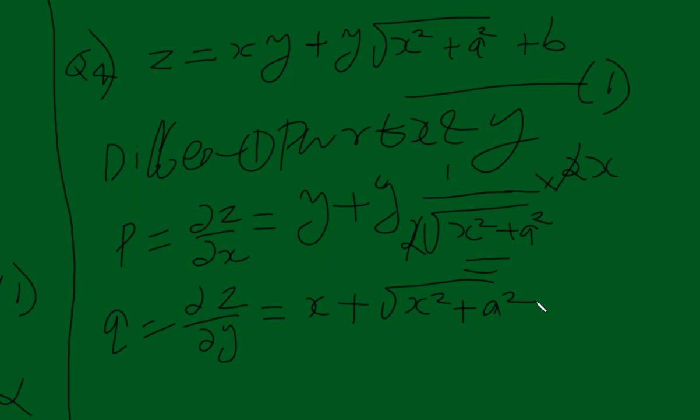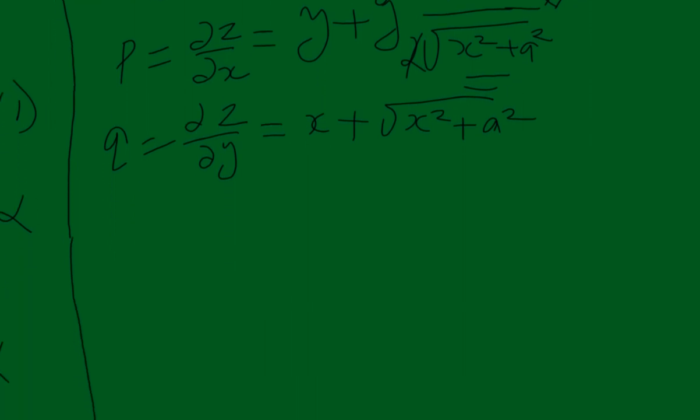What we will do is find the value of root of x square plus a square from here. Root of x square plus a square is equal to q minus x. Just write x on the other side, q minus x.